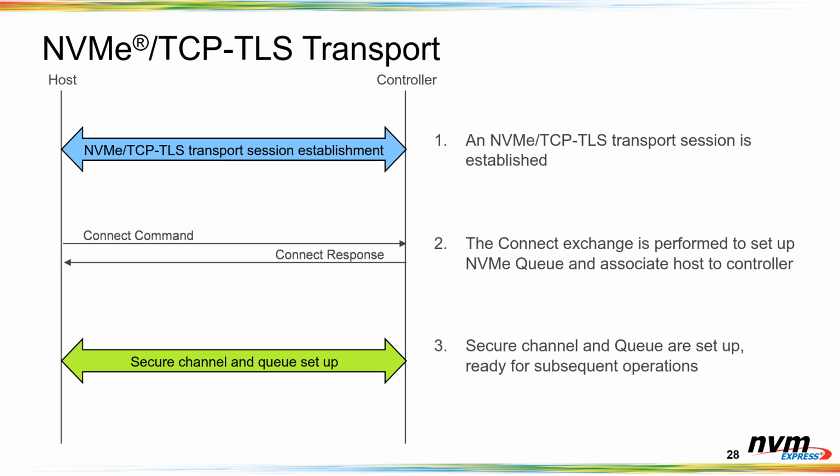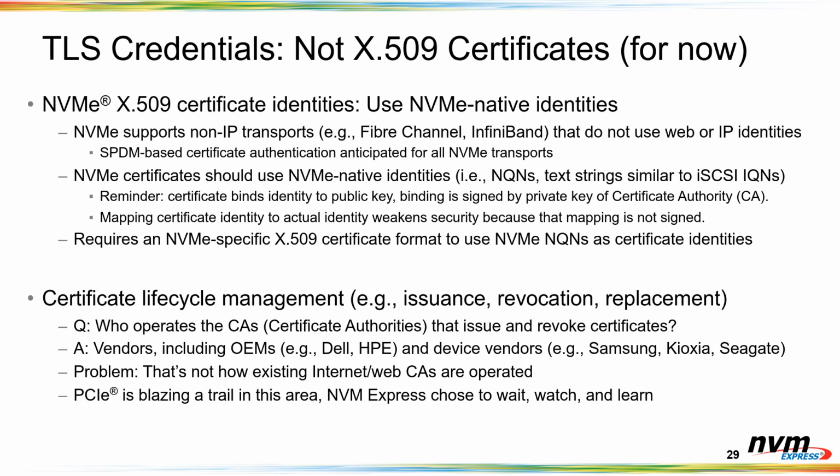And this is up to the host or server to decide how many IO queues it would like. So need to get into a little bit of details of what we're doing to authenticate TLS, because TLS requires authentication credentials. You're used to seeing TLS in the web or internet use certificates, specifically X.509 certificates.